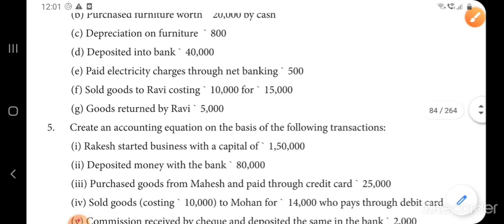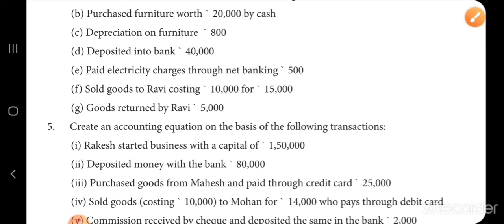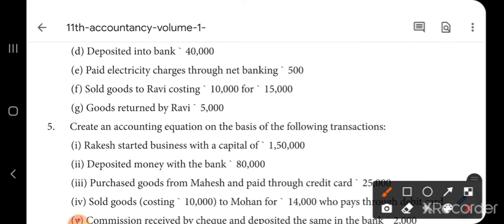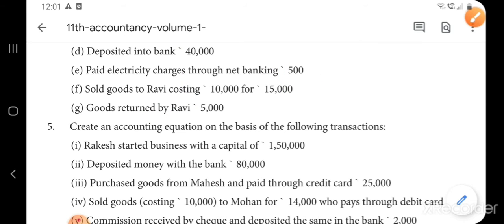Now deposited into bank. When you deposit the money into bank, in cash the amount is getting reduced and in bank the amount is increased. Okay, so cash balance in the business is reduced and bank balance is increased by 40,000.